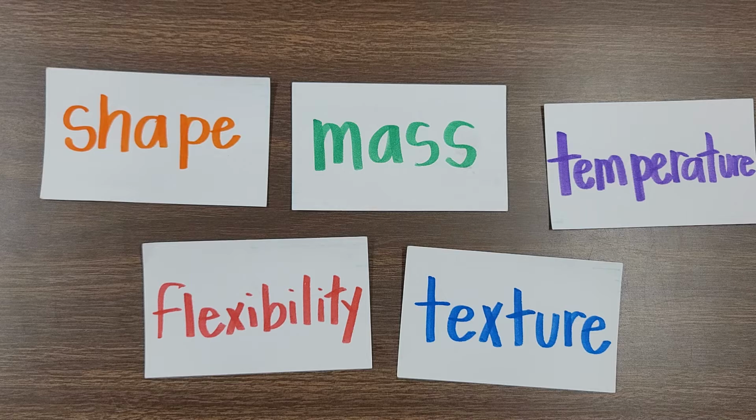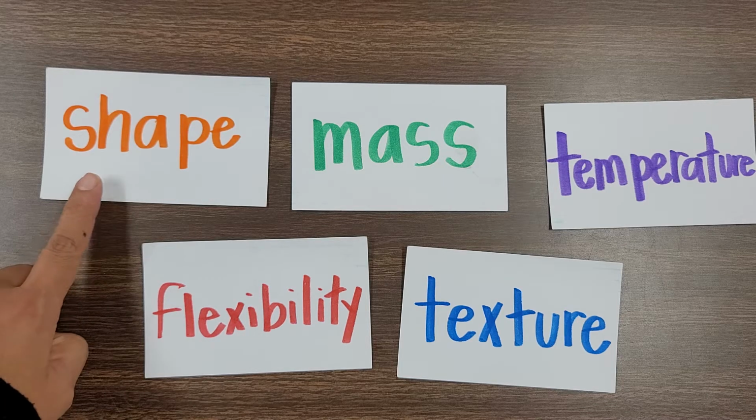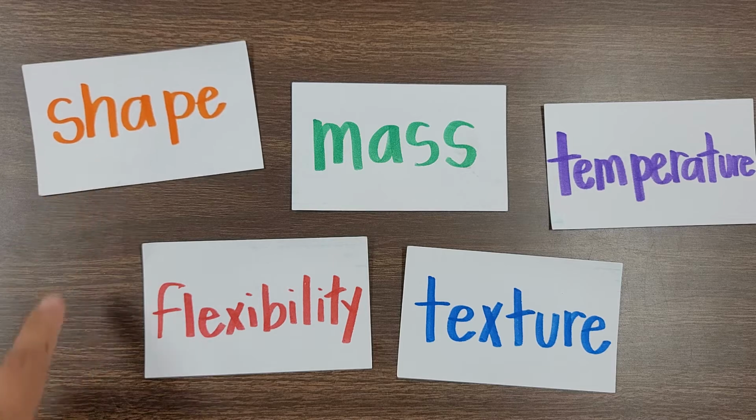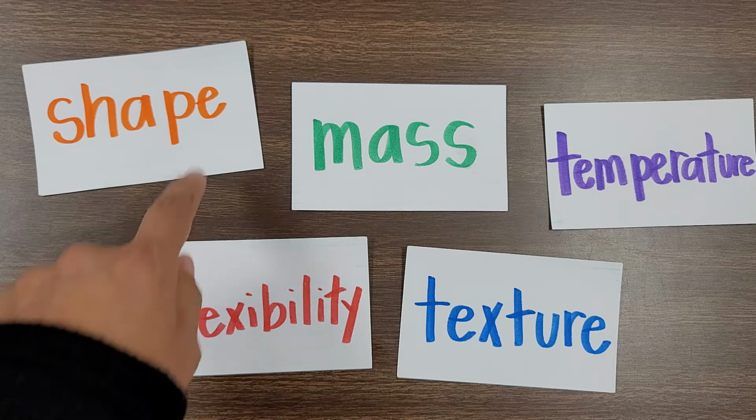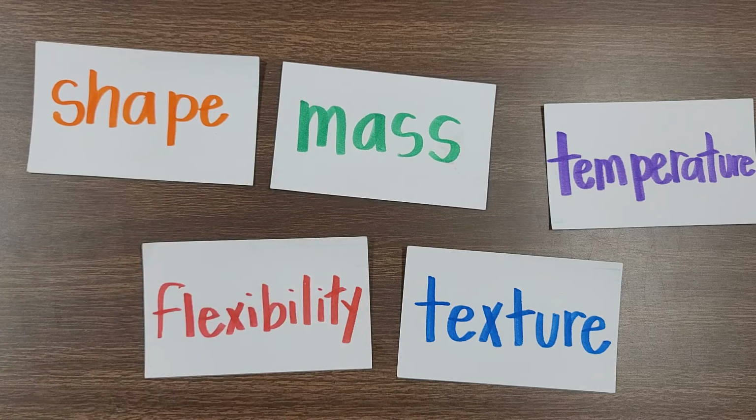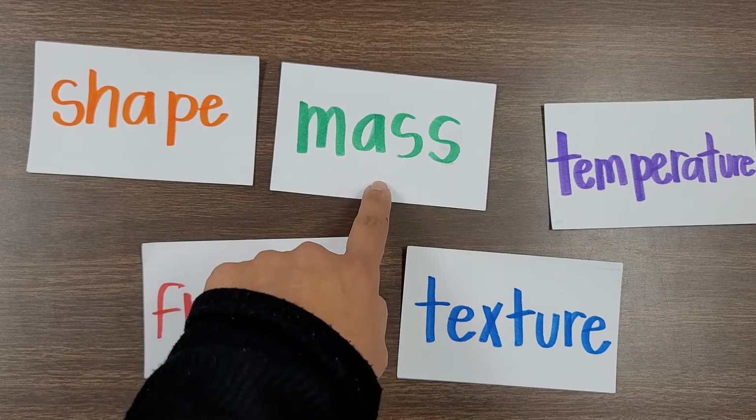Why? Because matter has properties, and a property is one part of what something is like. These are the five properties that we're using in order to classify matter. Shape is whenever we think about the shape of the items around us. Mass is when we think about how much matter that item has.